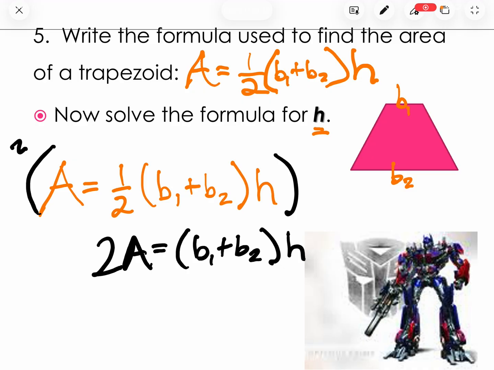Yay? Now I got to get h by itself. What would I do? And would distributing help? Why wouldn't we multiply the h by 2? Because this is one number, right? This is the number like 6 times 5 times 4.